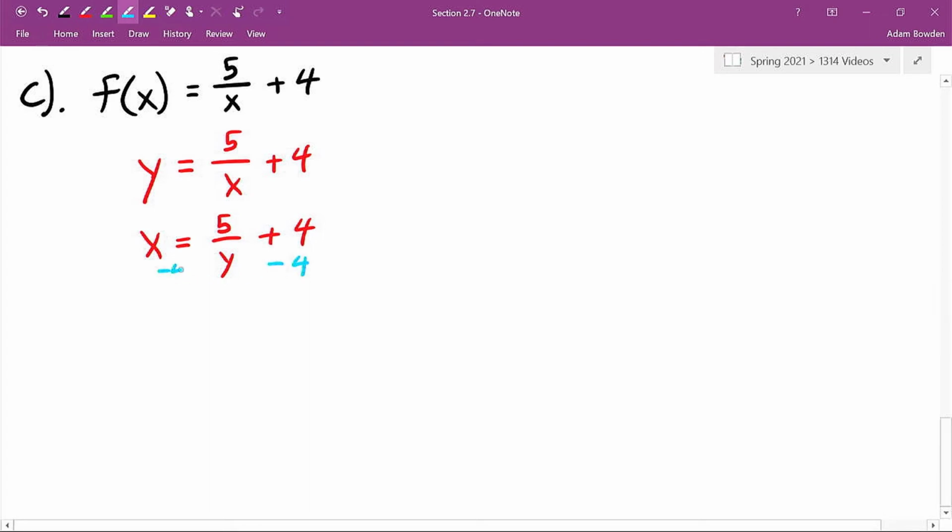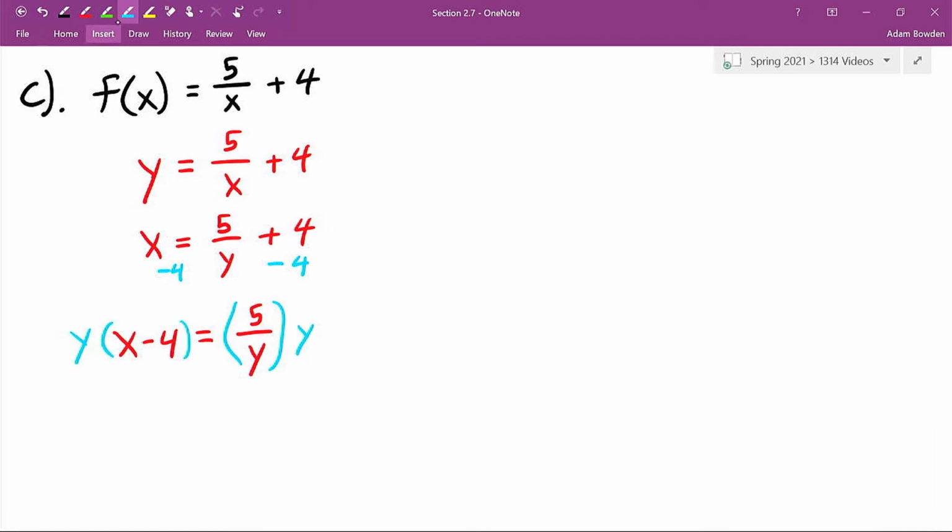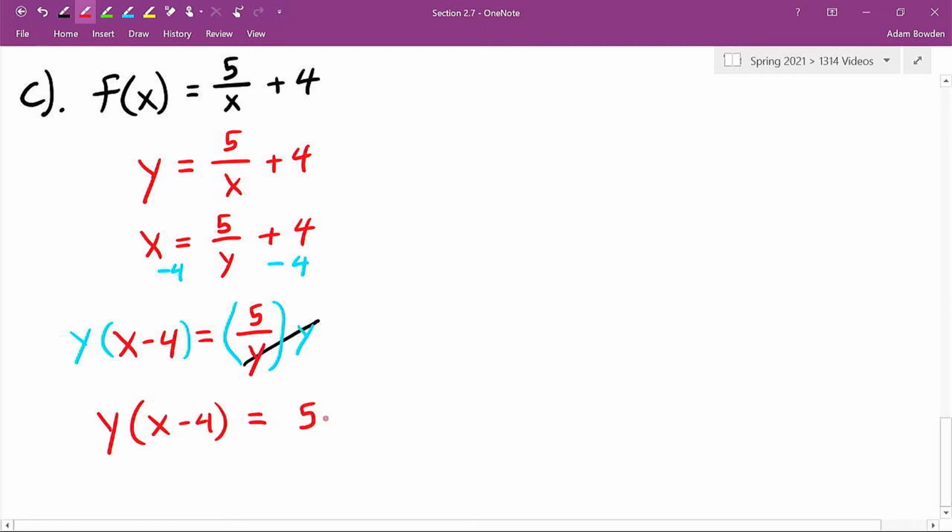So we're going to subtract the 4 over from both sides, change it to x minus 4 equals 5 over y. Now, since we're trying to solve for y, and we have a y in the denominator, to get rid of the fraction, I'm going to multiply both sides by y. That way I can cross the y out, and this will look like y times x minus 4 equals 5.